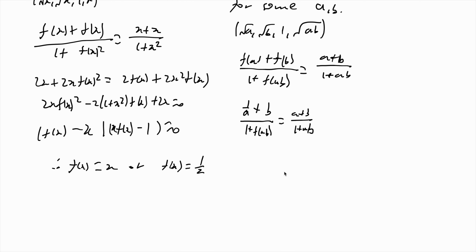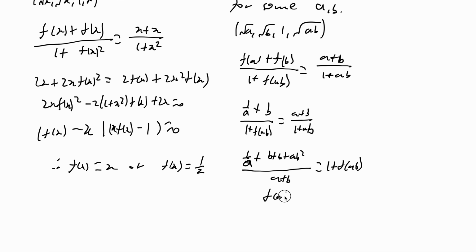Let's rearrange them. So recasting, we have, this is quite mean, b squared. Anyways, a plus b equals 1 plus f of ab.